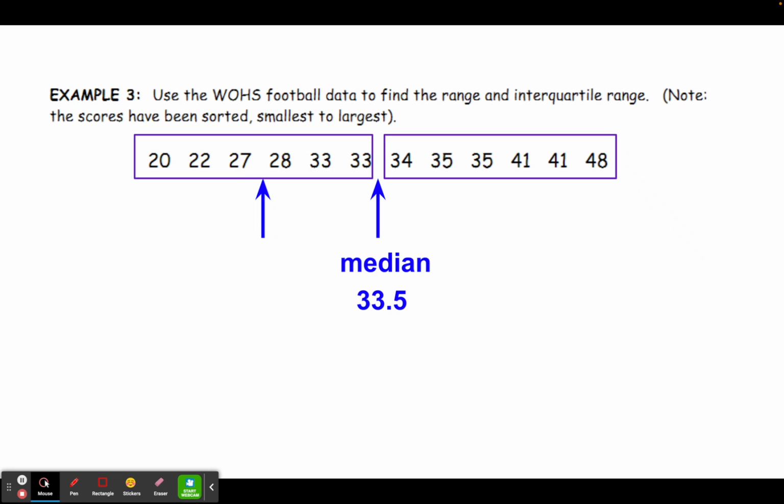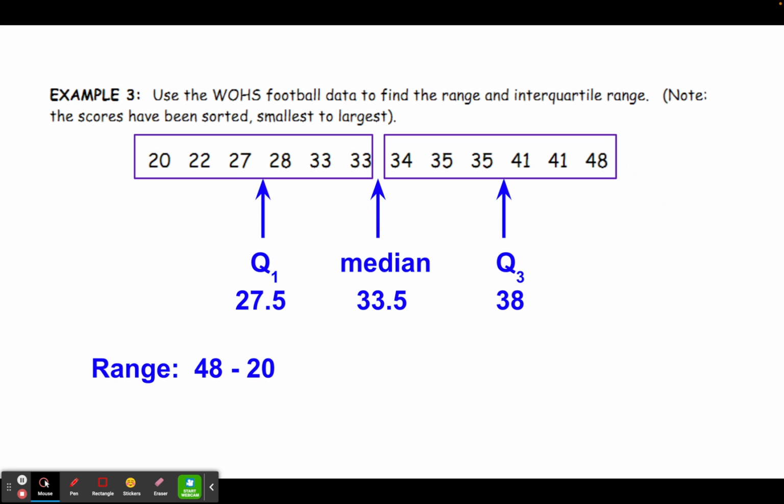Halfway between 27 and 28 would be Q1, the first quartile, and that would be 27.5. If I repeat that with the upper half of my data, again I've got 6 scores, and I want to go halfway in between 35 and 41. That would give me the third quartile, Q3, and that would be 38.